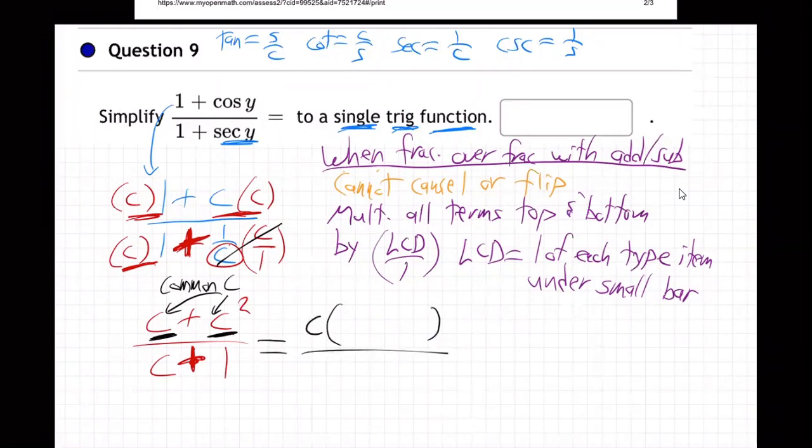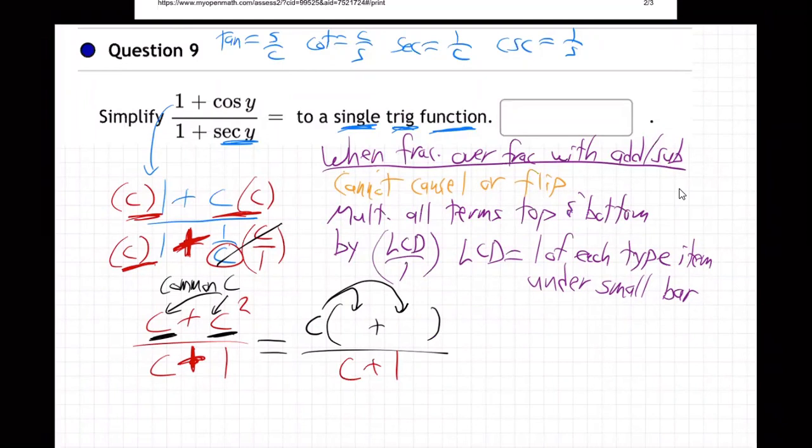I'll just put the bottom; the bottom's not going to do anything. You put it in front of the parentheses with the plus sign in the middle, and you put inside whatever works, whatever would multiply to go back to become c and c squared again.